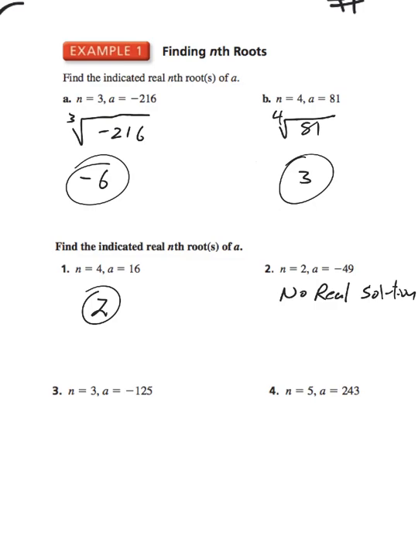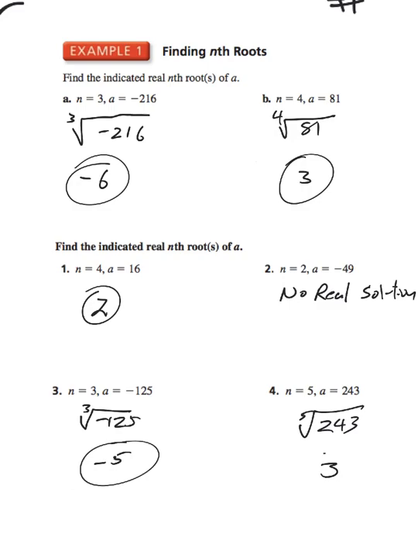So we can do number 3: the cube root of negative 125 is equal to negative 5. Excellent. And then, surprise, the fifth root of 243 is 3. Excellent. Let's move up.